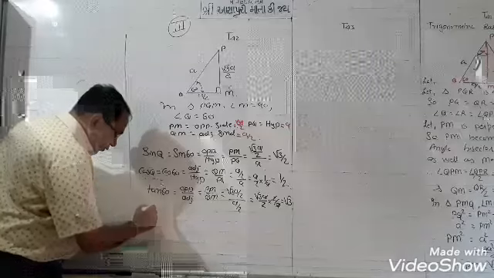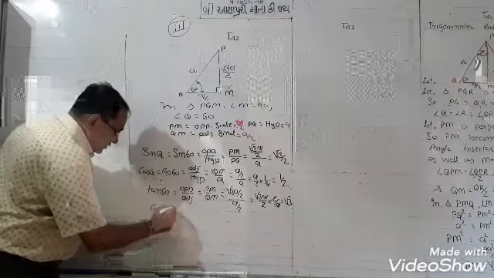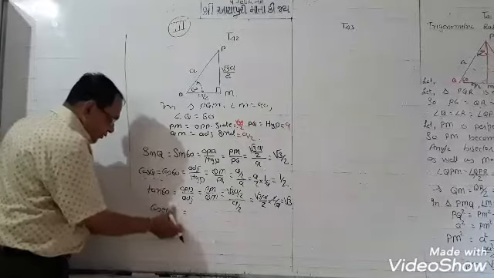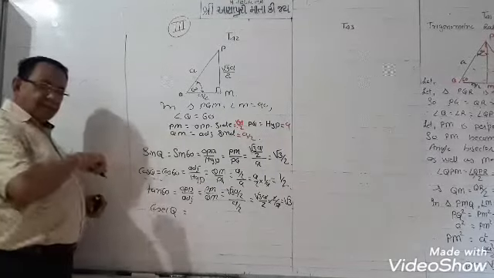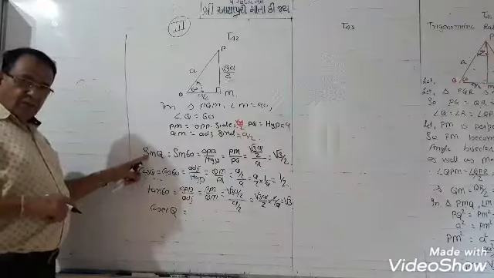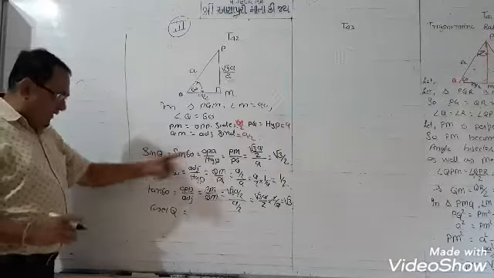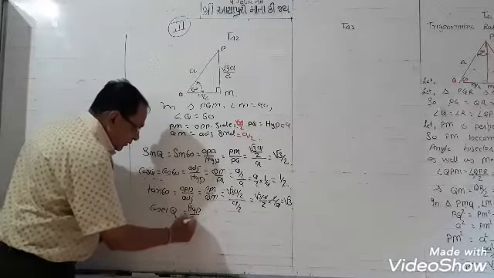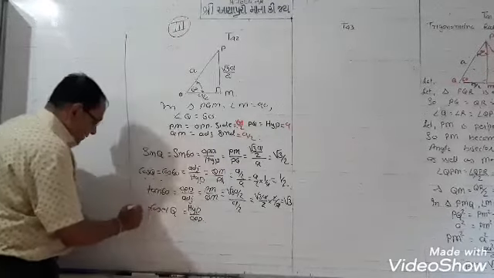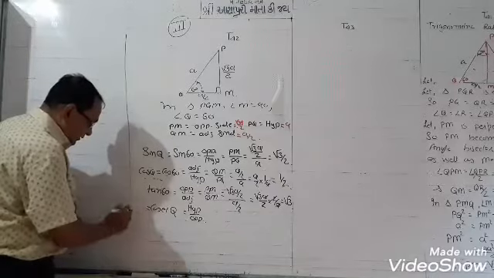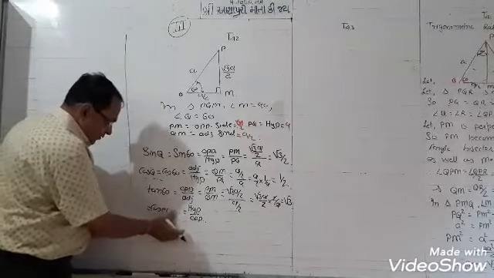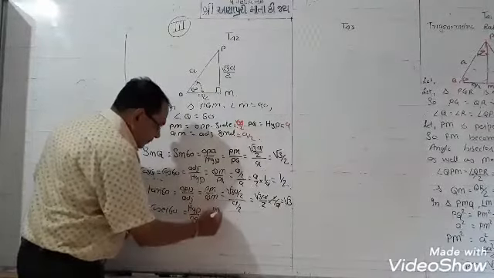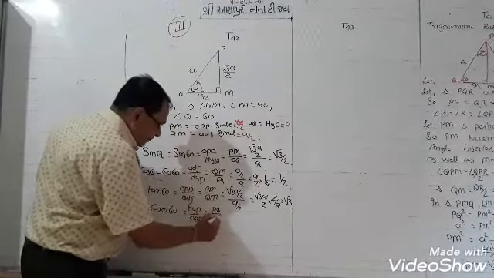Then cosec 60, or cosec of Q. Cosec of Q is the inverse of sine. Suppose you forget, then write this here: hypotenuse upon opposite side. That means cosec 60 is hypotenuse PQ upon opposite side PM.